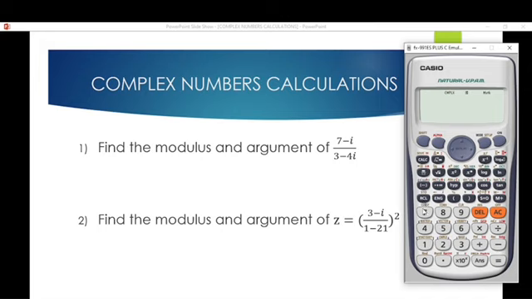So what we do is that we will now make sure that our calculator is also in the degree mode, since we are finding the arguments, and you know that the modulus is the length. The modulus of z is its length.